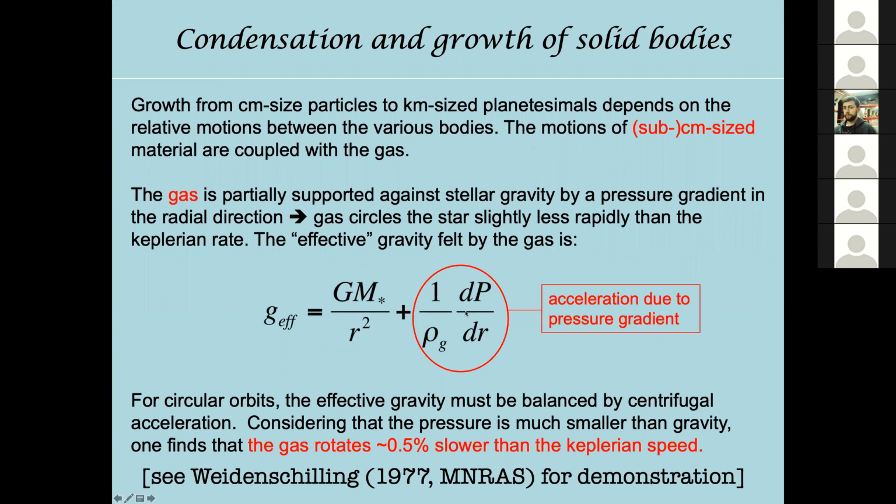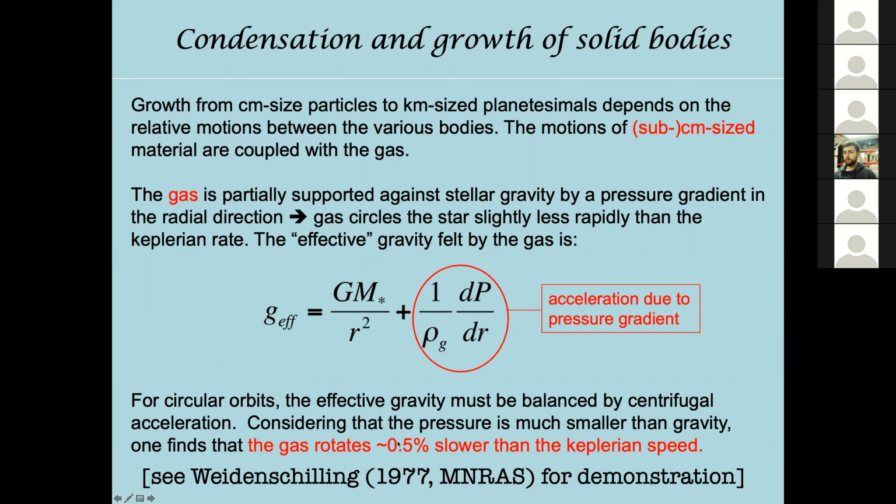Now, this was clear from the second slide I showed you, the pressure is decreasing going outward. So this term here is actually negative as you move in the outer part. So basically you have a smaller effective gravity compared to the Keplerian, if you just consider the gravity.